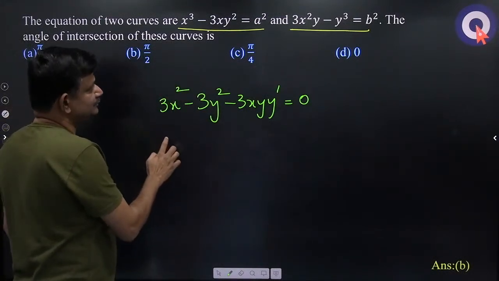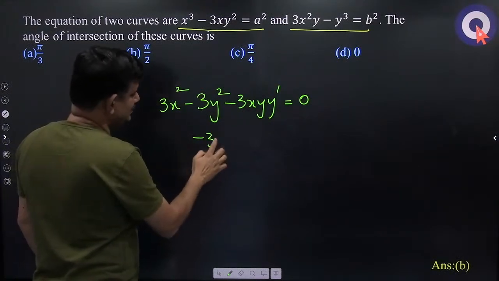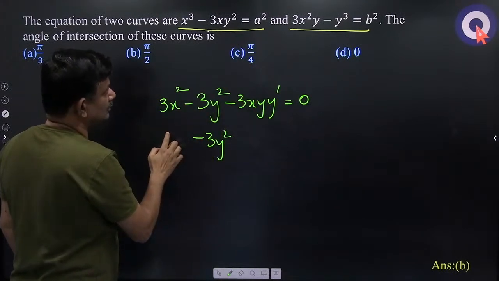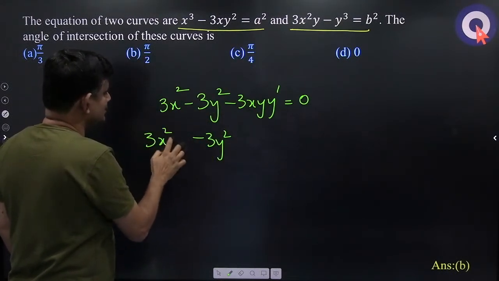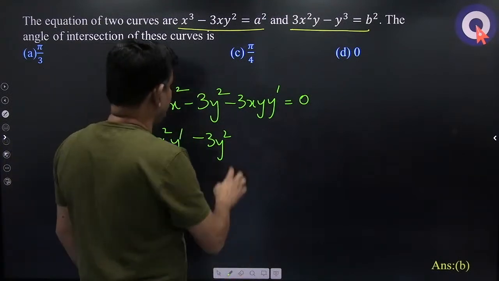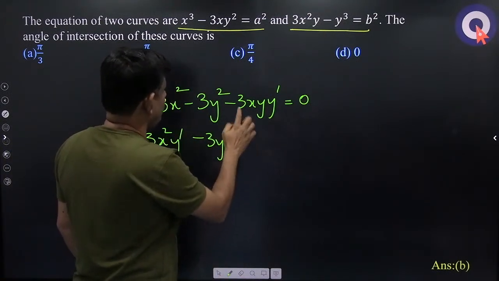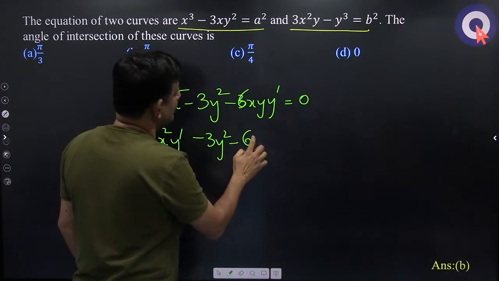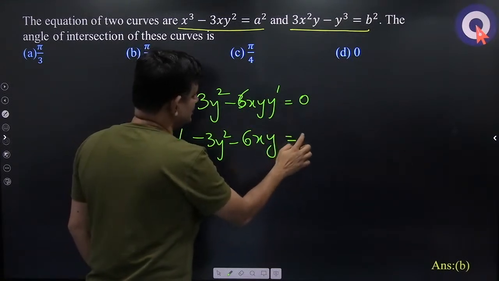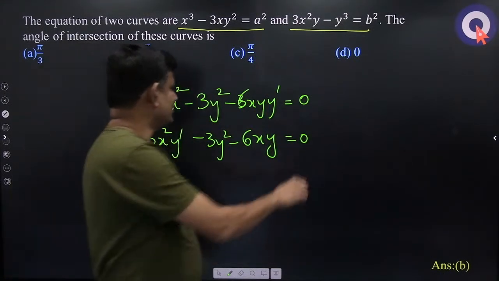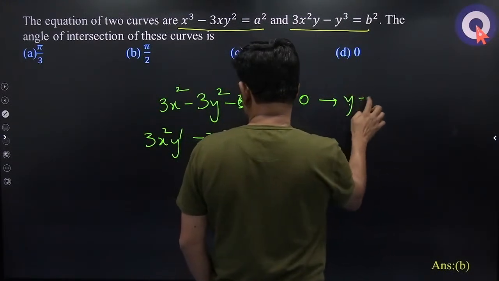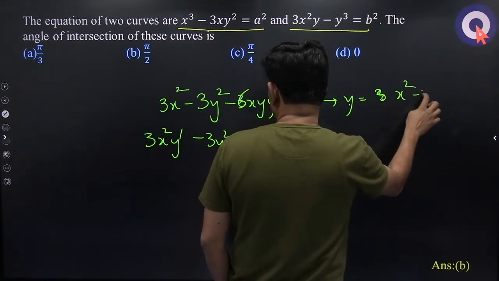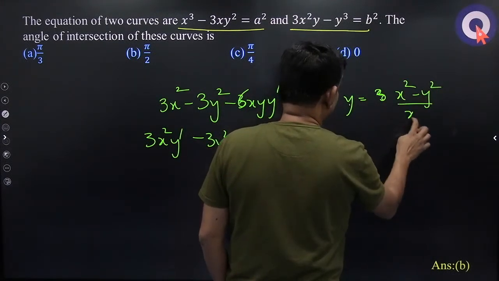And for the second curve, minus 3y square, x square y dash, minus, here also it is 6, also it is 6xy equal to 6. From the first equation, y dash is, 3 gets cancelled throughout, x square minus y square divided by xy is the y dash value.